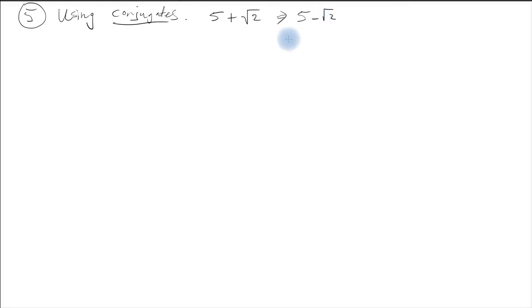Okay, so you can see that it's basically the same but with a different sign going on. Or here's another one, if you have square root of 7 minus the square root of 5, its conjugate is root 7 plus the square root of 5. Okay, so the sign of the first term is the same, but the sign of the second term is different.